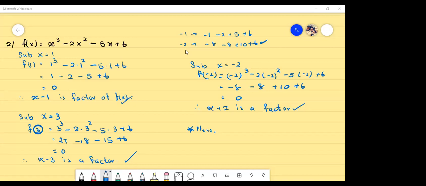After using the quotient, the other factors we can find without using the factor theorem.